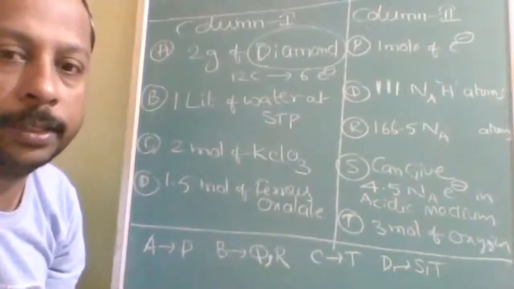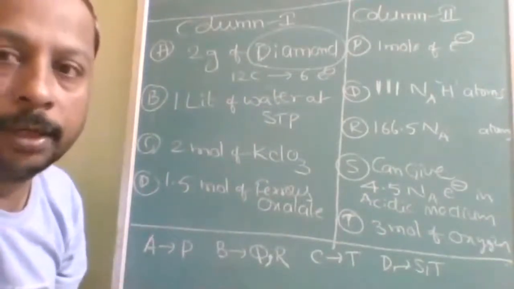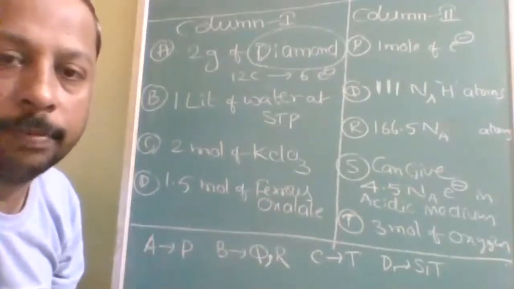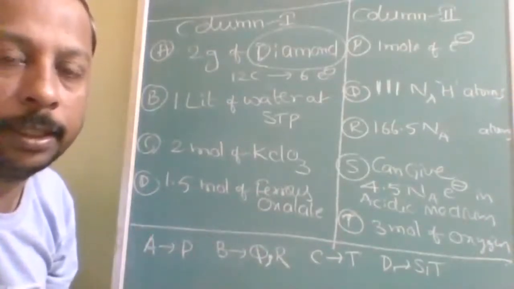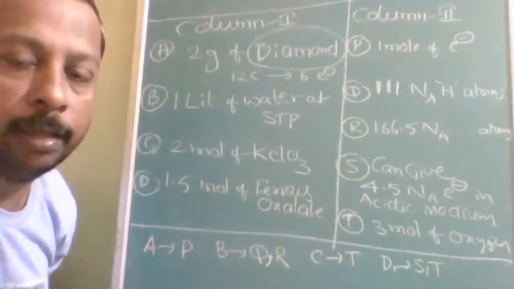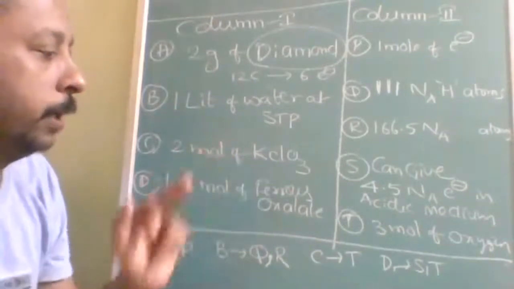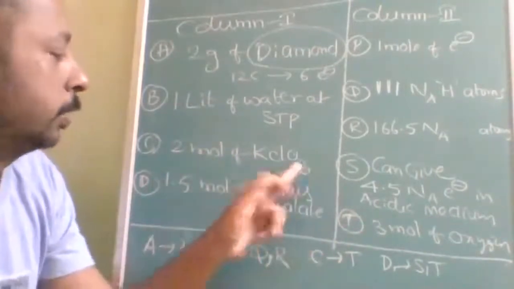It is an oxidizing agent, but it does not depend on the acidic or basic medium, so you need not worry. So potassium chlorate will contain only 3 mole oxygen.